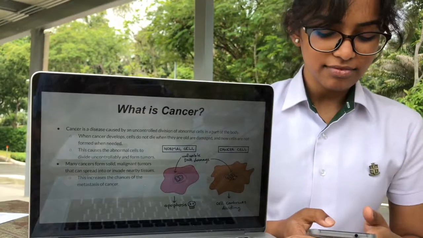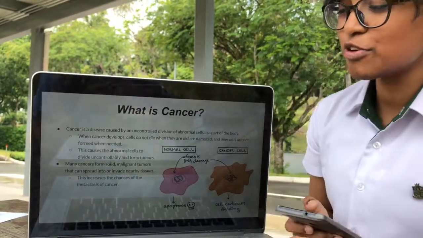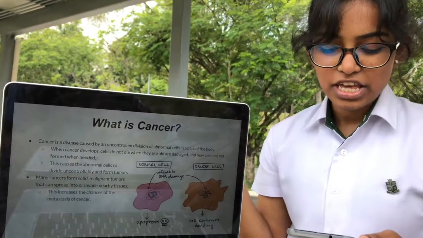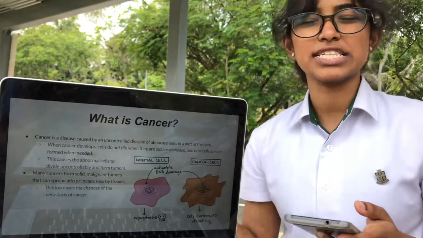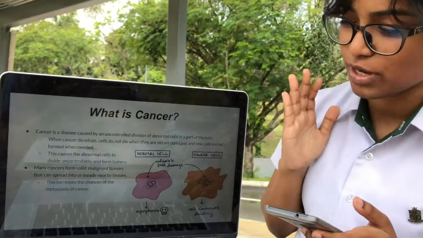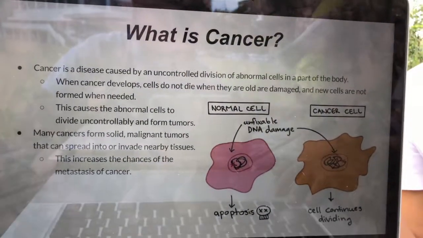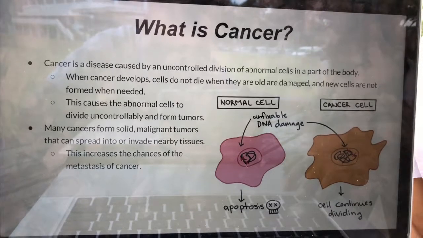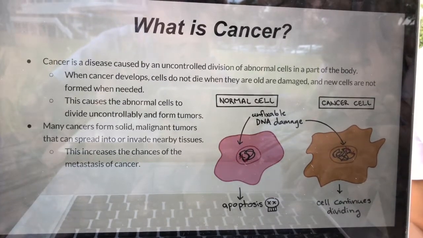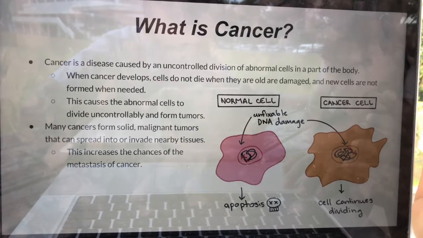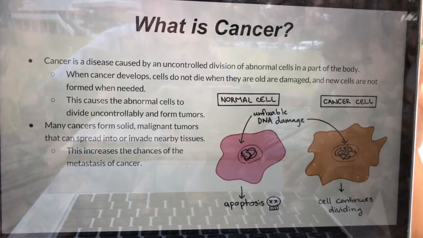Okay. So now we will look at how Taxol actually cures cancer. To understand how Taxol cures cancer, we need to know what cancer is. Cancer is basically a disease caused by an uncontrolled division of abnormal cells in a part of the body. When cancer develops, the cells do not die when they're old or damaged, but they divide instead.